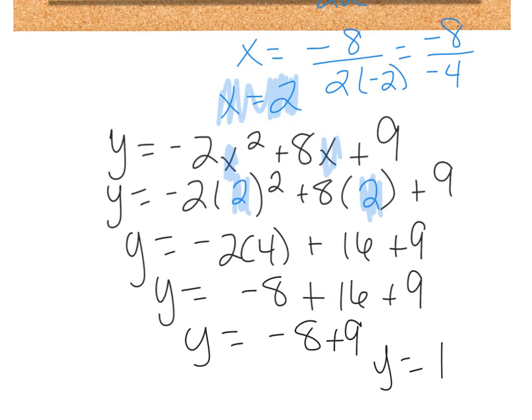Okay, so that's the ordered pair I'm going to graph for my vertex. It is at (2, 1).